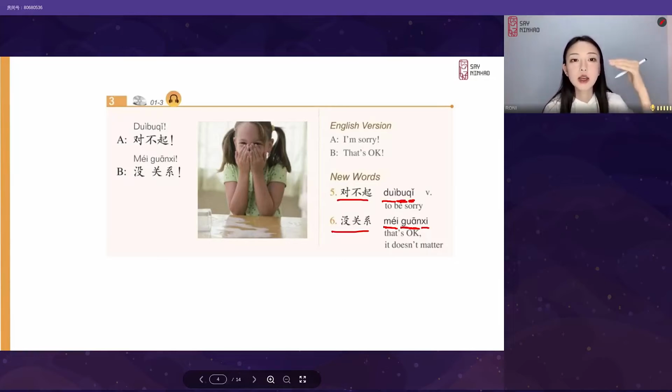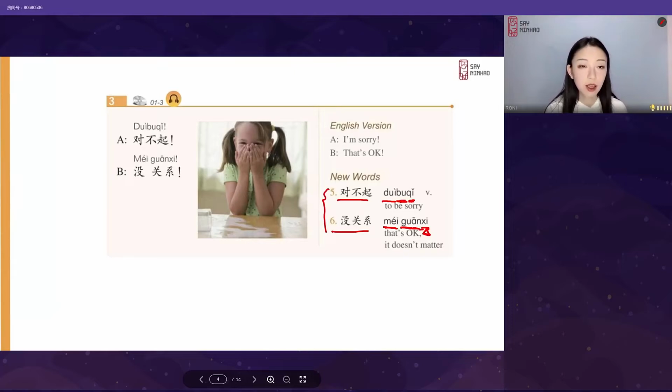Last one is 系, and it is a neutral tone again because there is no tone mark here. So put them together, it is 没关系. Try to read after me, please. 没关系, 没关系, 没关系. Okay, this is the new words.